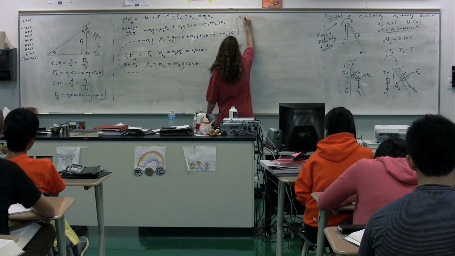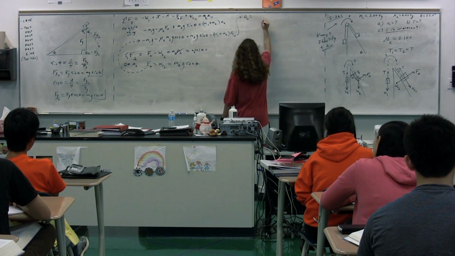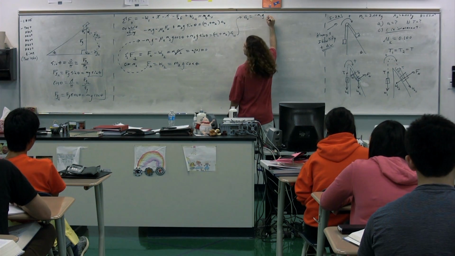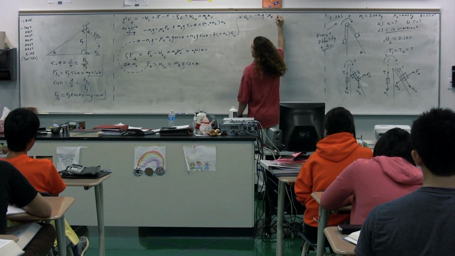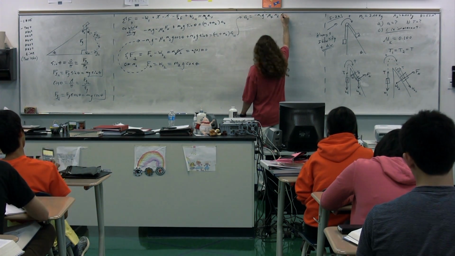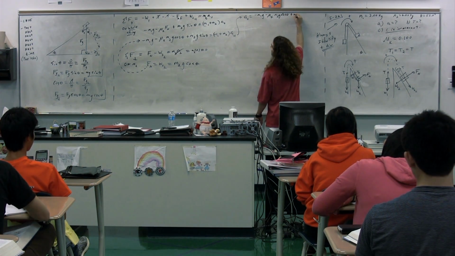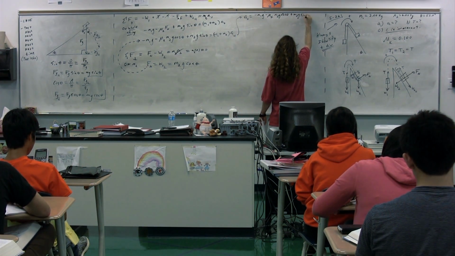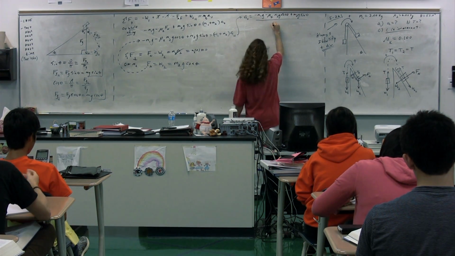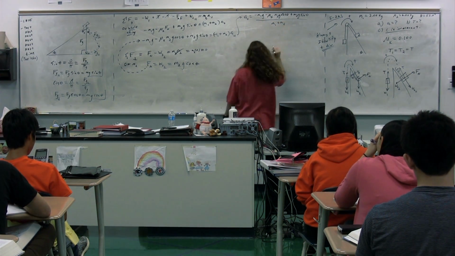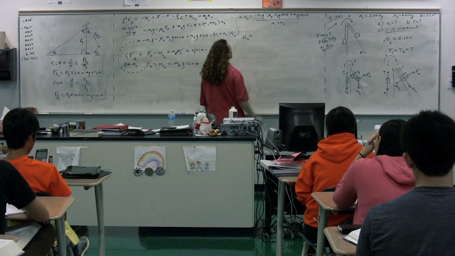The acceleration in the parallel direction then is equal to negative m1 times g minus mu k times mass 2 times g times the cosine of theta plus mass 2 times g times the sine of theta, all of that divided by mass 1 plus mass 2.